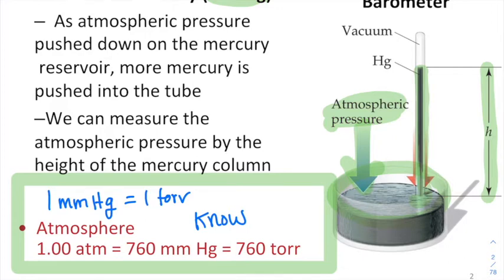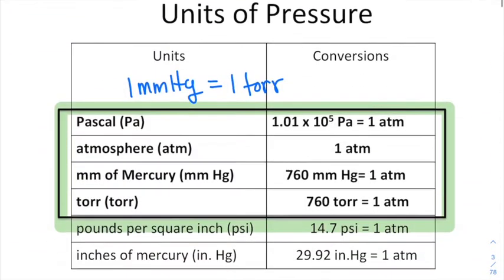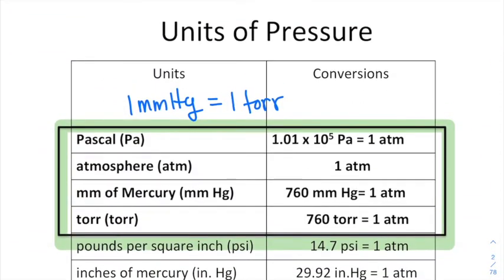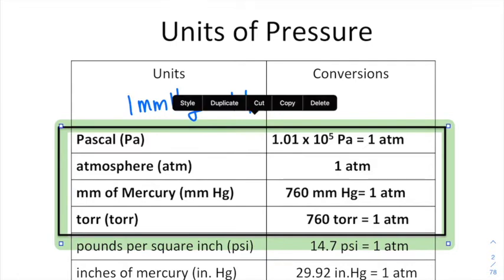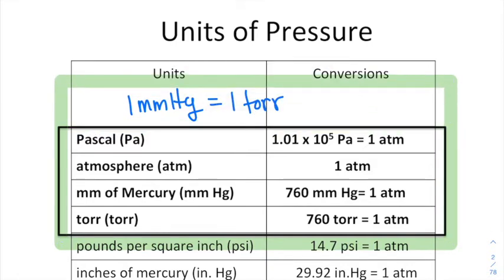So we would measure this in inches, and that's where we came up with inches of mercury. That unit we don't see very often, but it is out there. If I ever wanted you to use pounds per square inch or inches of mercury, I would give you the conversion. The only ones you need to have memorized are those in the green box, and I'm going to extend that to 1 millimeter of mercury equals 1 torr, because those are identical units with just different names.